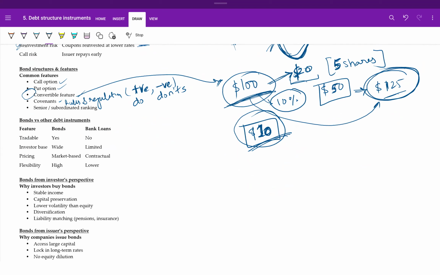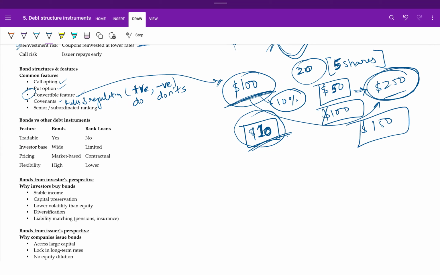You can get one stock for $20, and 5 stocks for $250 against the $100 bond, so the spread will be $150, an immediate profit.